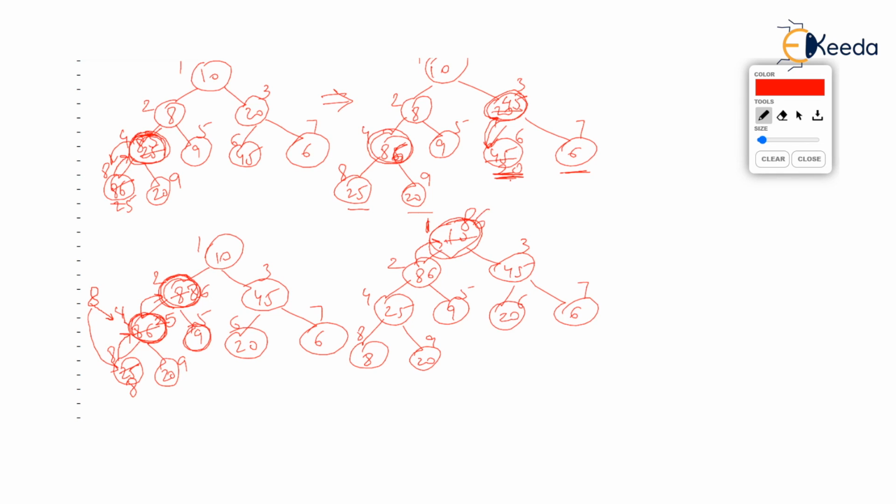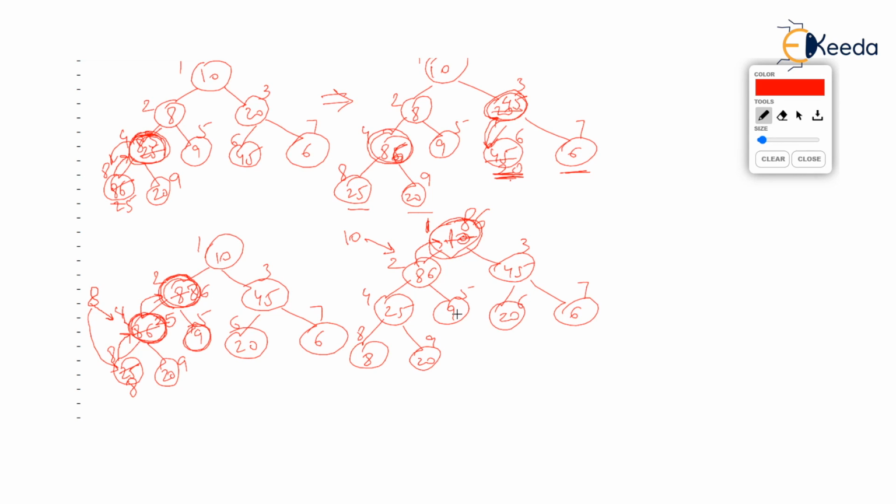Now wait a minute. What about 10? 10 has been scrapped. 10 must be stored somewhere, isn't it? Don't be in a hurry to store 10 in the second node. If you store 10 in the second node, then all the hard work you did for adjusting second parent will be lost. If you store 10 at second node, then the second node won't be greater than fourth and fifth because 25 and 9 are sitting down below.